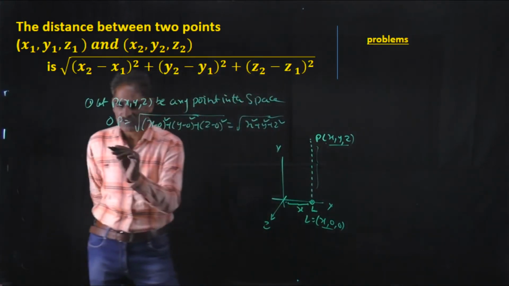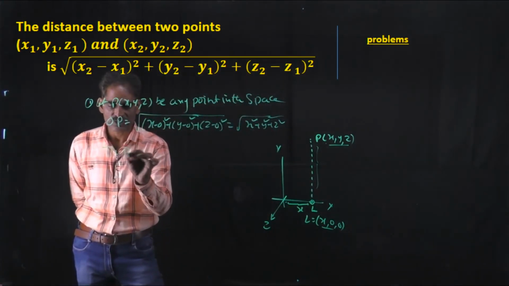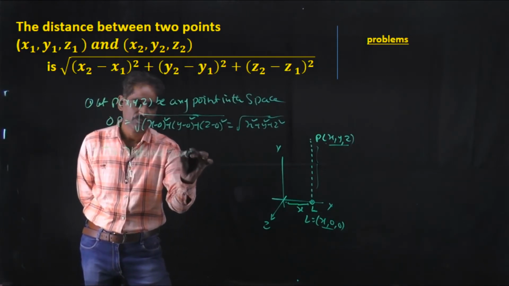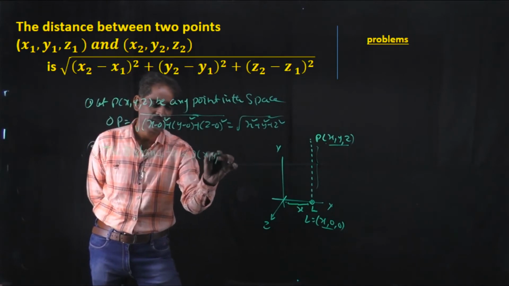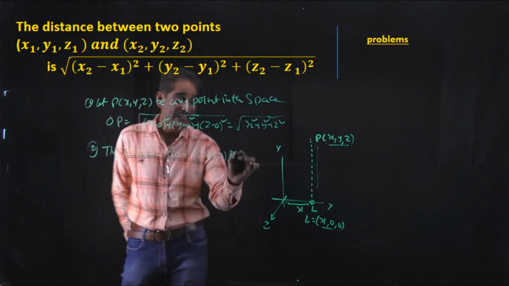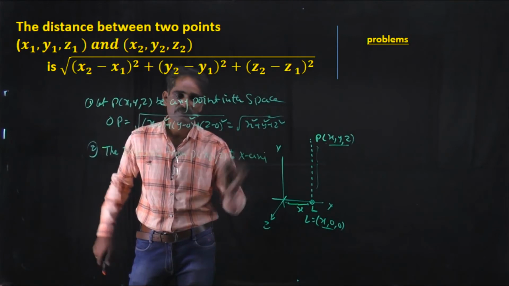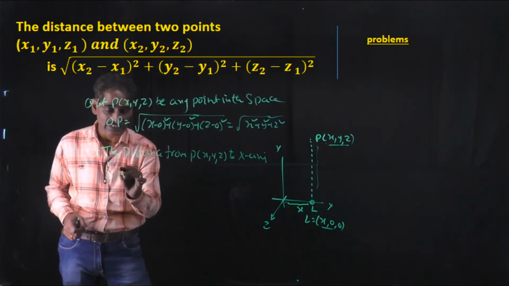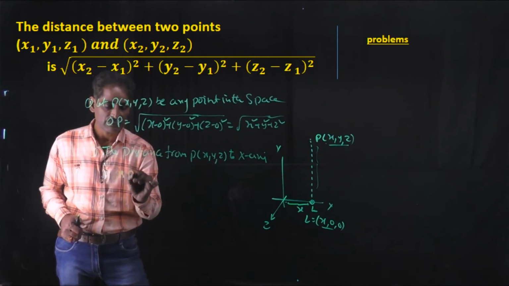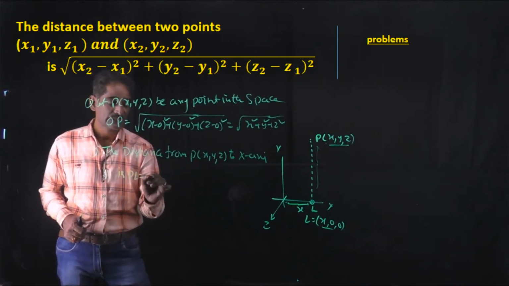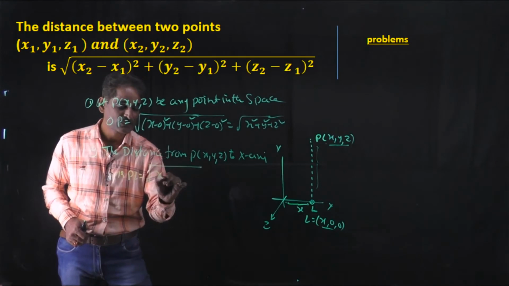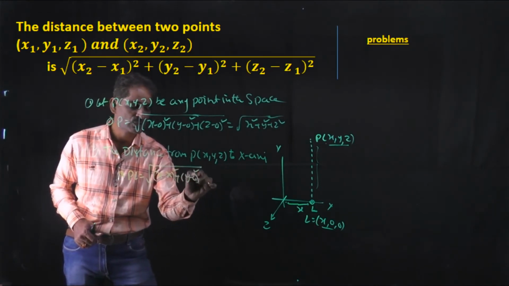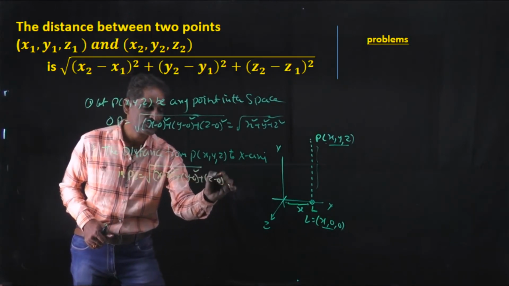So the distance from point P(x, y, z) to the x-axis is PL, which is root of (x minus x) whole square plus (y minus 0) whole square plus (z minus 0) whole square.